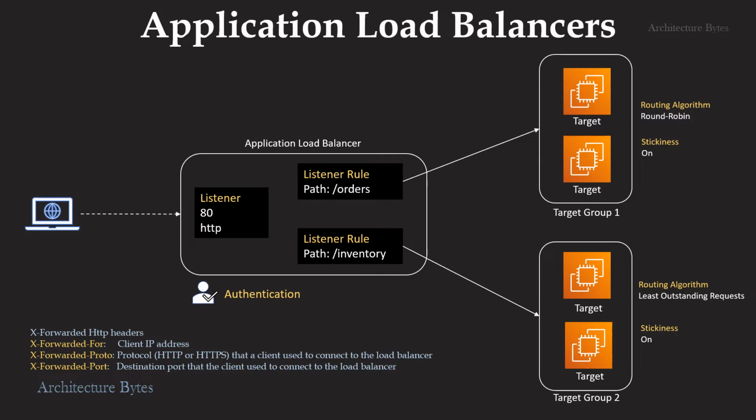Note that target servers see only the load balancer's IP address by default. To find the original client's IP address, they must refer to the X-Forwarded-For HTTP header. Similarly, X-Forwarded-Proto and X-Forwarded-Port contain the protocol and port respectively that client uses to connect to the load balancer.